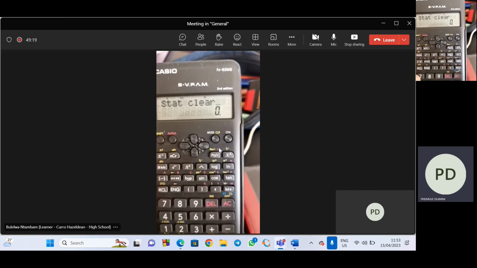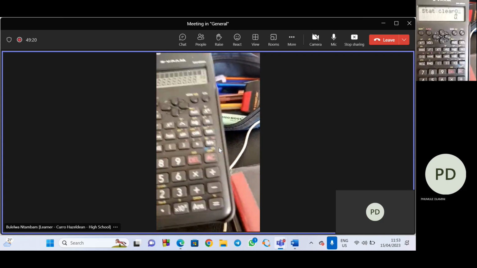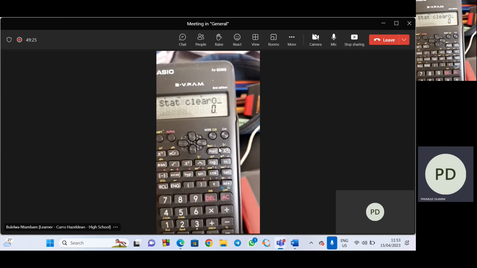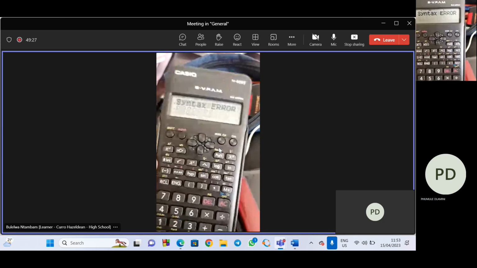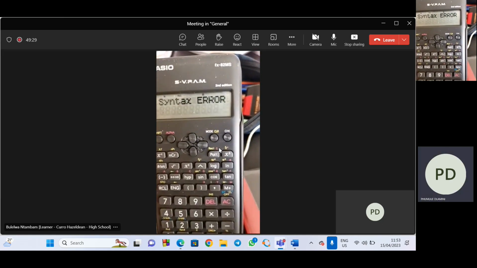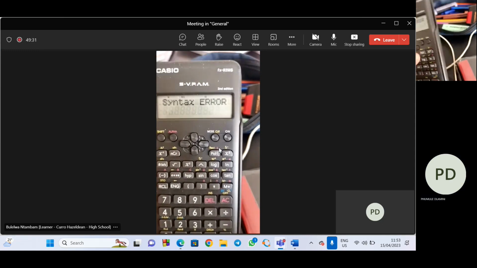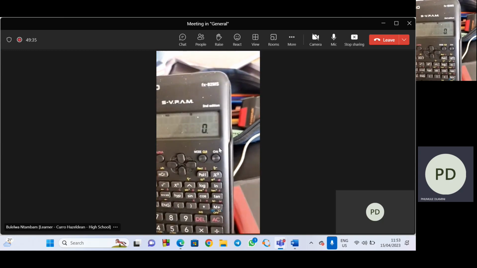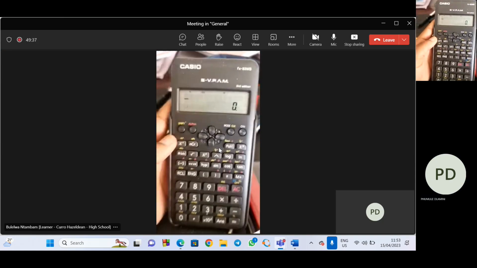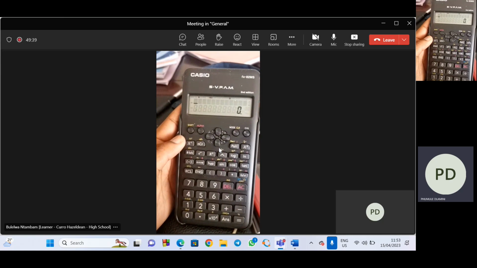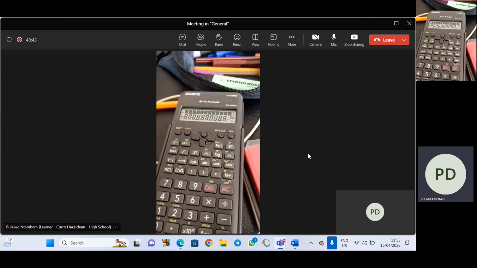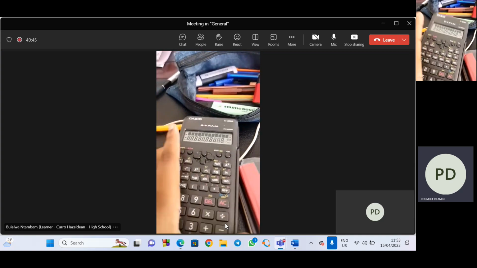Press 0. 0 equals 2. Okay, so I just cancel again. So your calculator is okay. There is no problem there with your calculator. Now it's fine. So that's how you do it when you are answering.